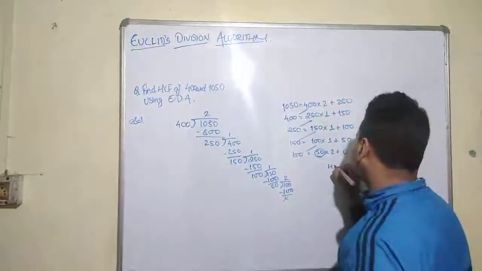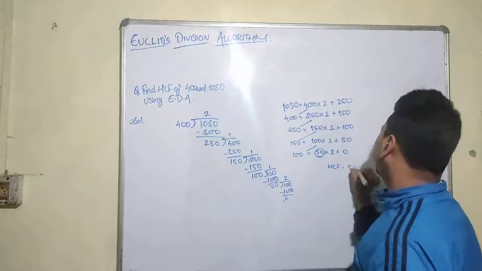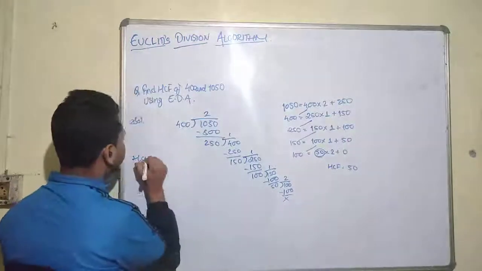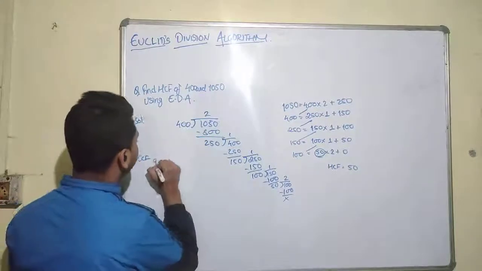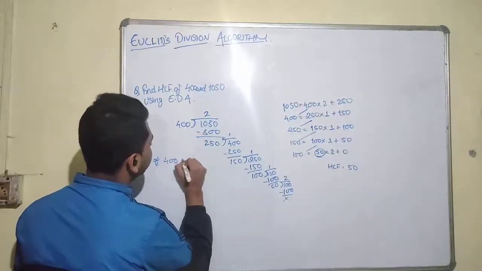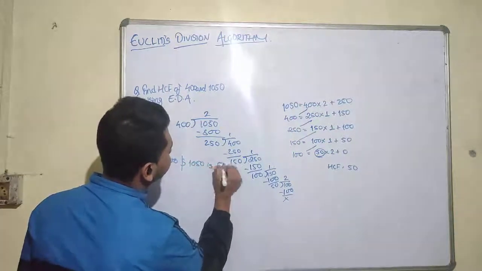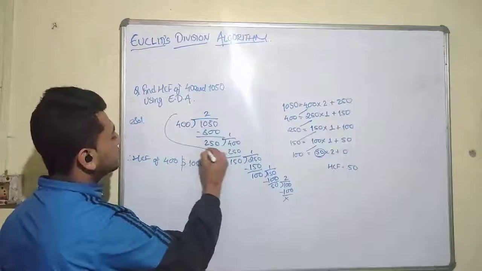So for this question our HCF is 50. Therefore HCF of 400 and 1050 is 50. So we know this one.